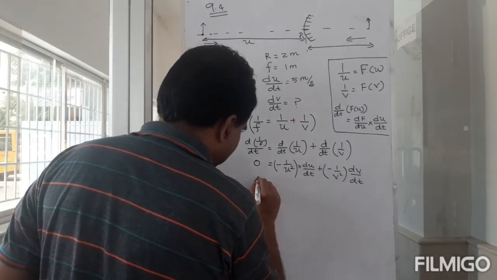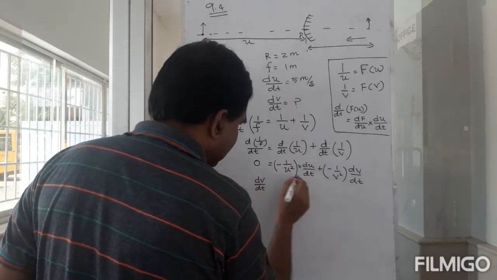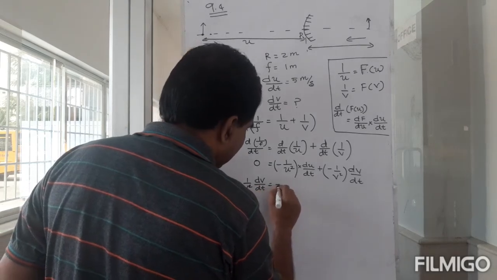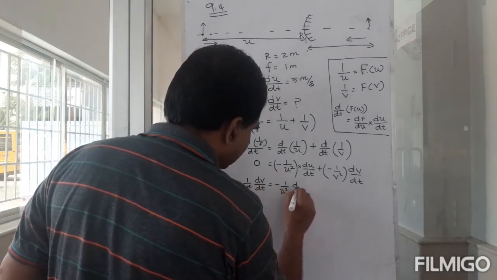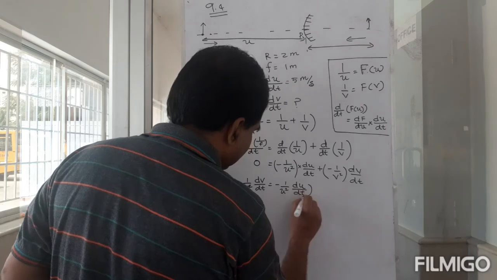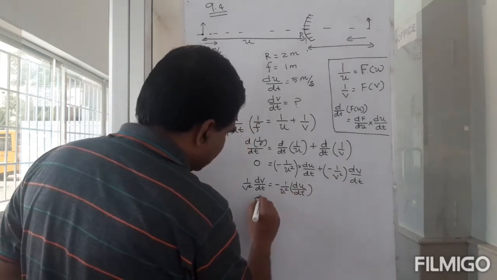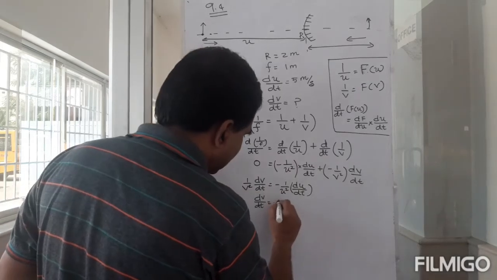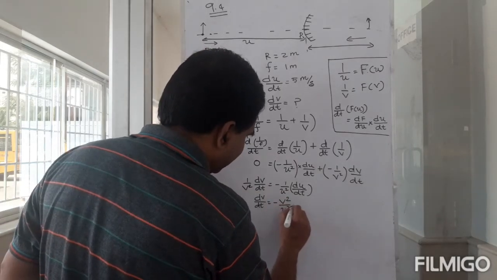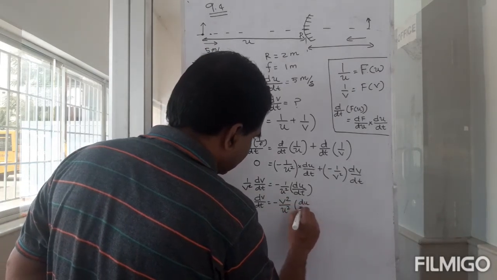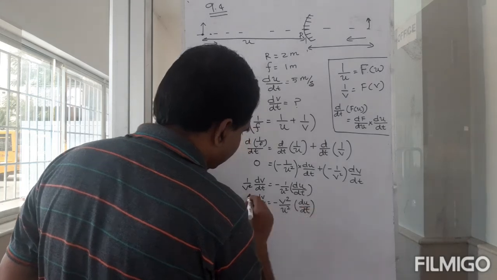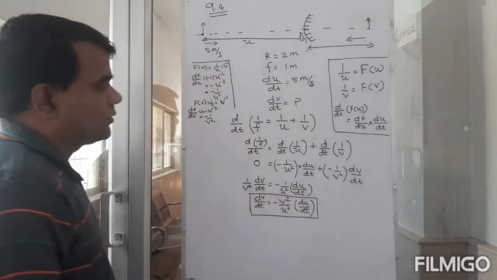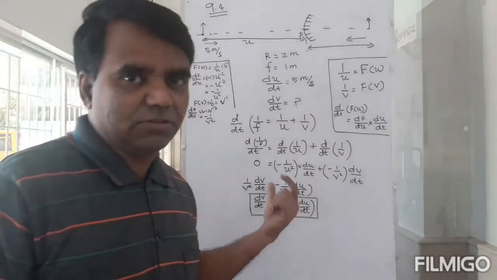So dv by dt times 1 by v squared equals minus 1 by u squared into du by dt. So dv by dt is going to give me minus v squared by u squared into du by dt. This is the expression I get.